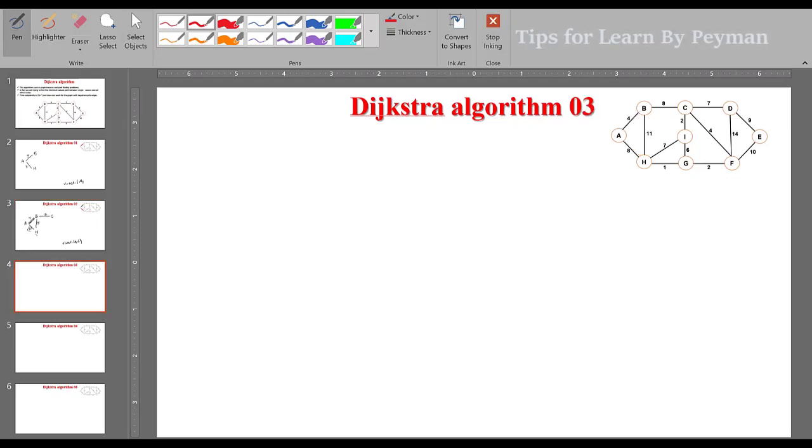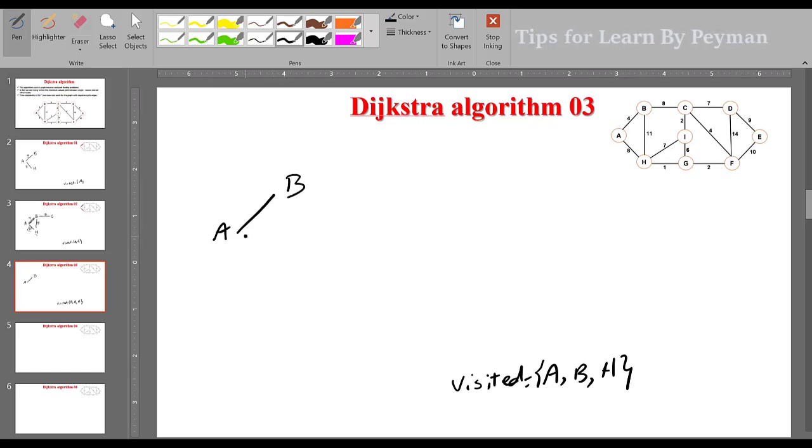So our graph would be something like this. We visited A, sorry, let me correct it. We visited A first, then B, and then H. I have A here, I opened B, I doubled it because I visited this path, value of 4.